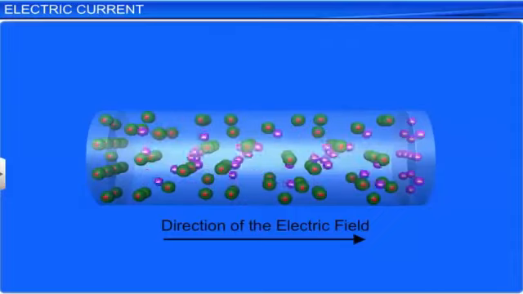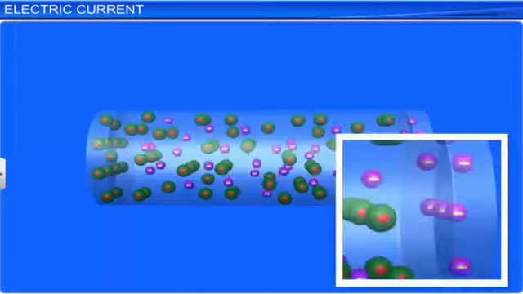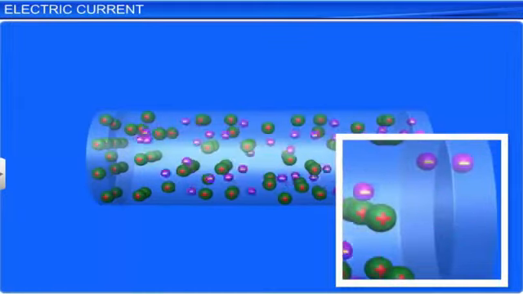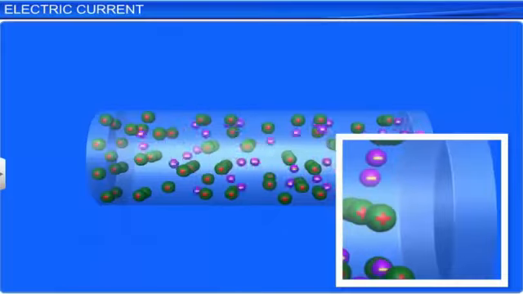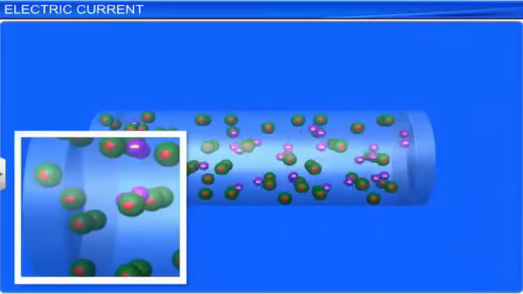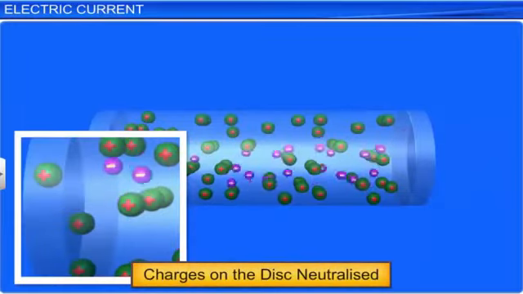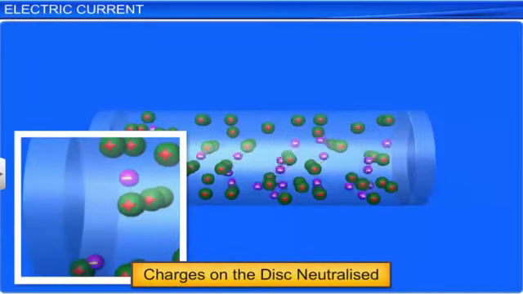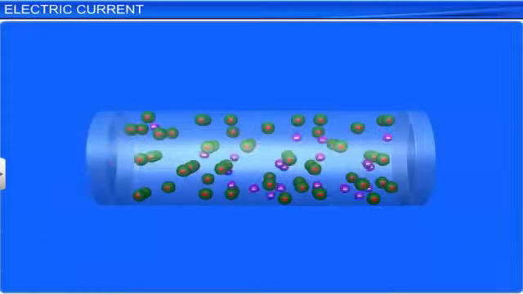The electrons are accelerated and move towards the positive charge. On reaching the positive charge, they neutralize the charges on the disc. The unidirectional motion of these electrons constitutes an electric current.